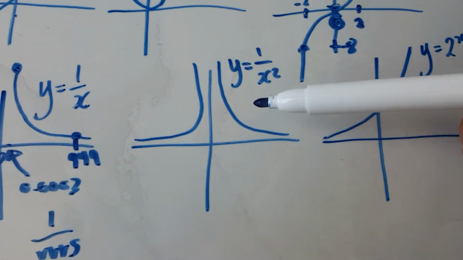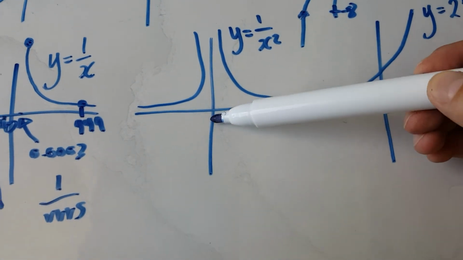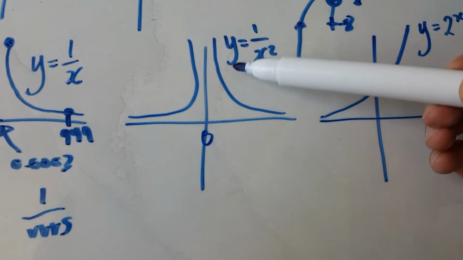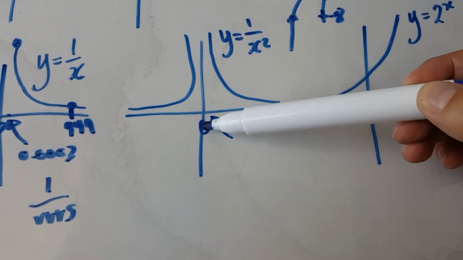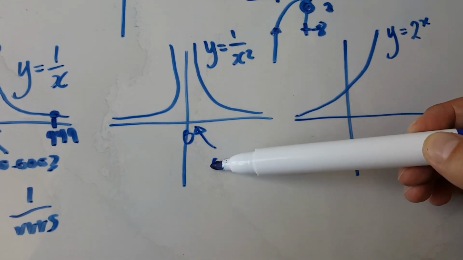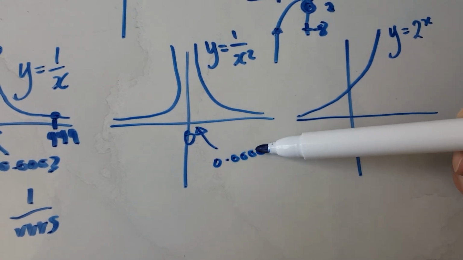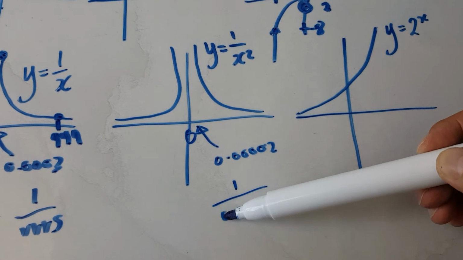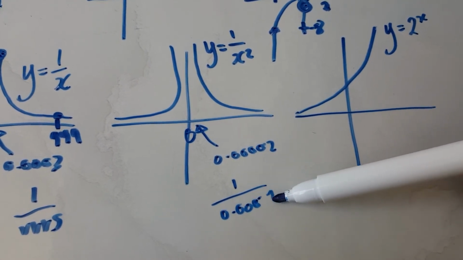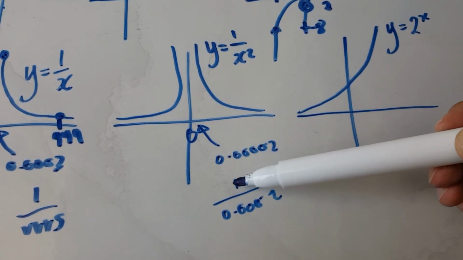And then you can use the same argument for 1 over x squared. Dead on 0, it breaks down. So select a point just to the right of 0. 0.000002, I don't know. Put this into here. 1 divided by 0.000002 squared.